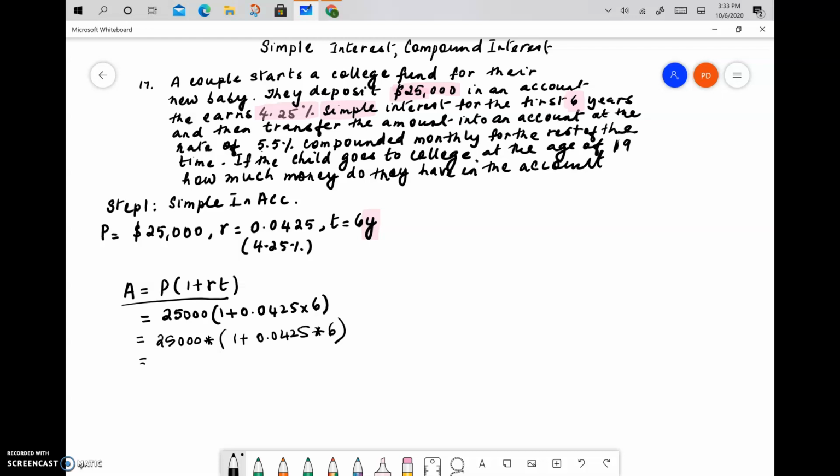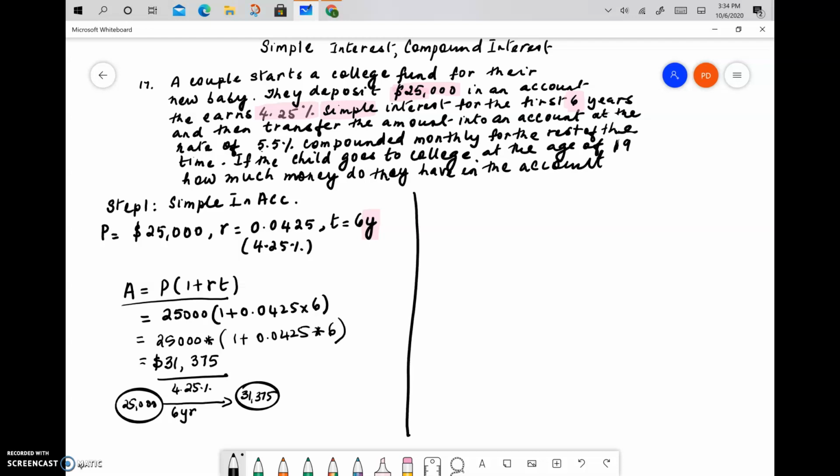And when you enter all this into your calculator, you get $31,375. So you put a certain amount of money, that is $25,000, into an account at the beginning of time. It's a lump sum, and then you just leave it in the account for 6 years. And if the account interest rate is 4.25%, at the end of 6 years, you're going to collect $31,375.